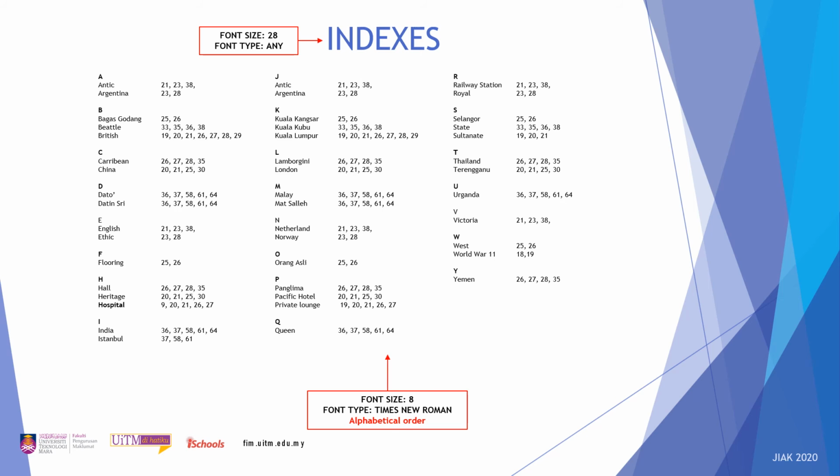Next one is indexes. These indexes are based on your project. As you know, Finding Aids are used for word searches. It is useful for the researcher and user to search for what they need to support their project or their research.